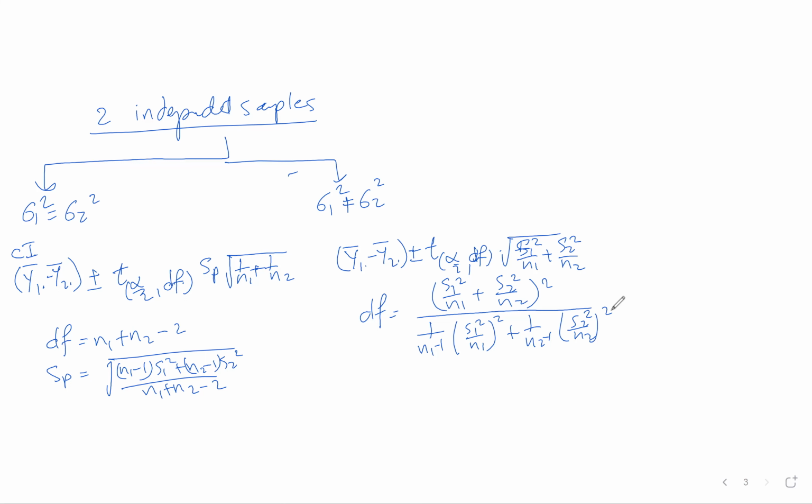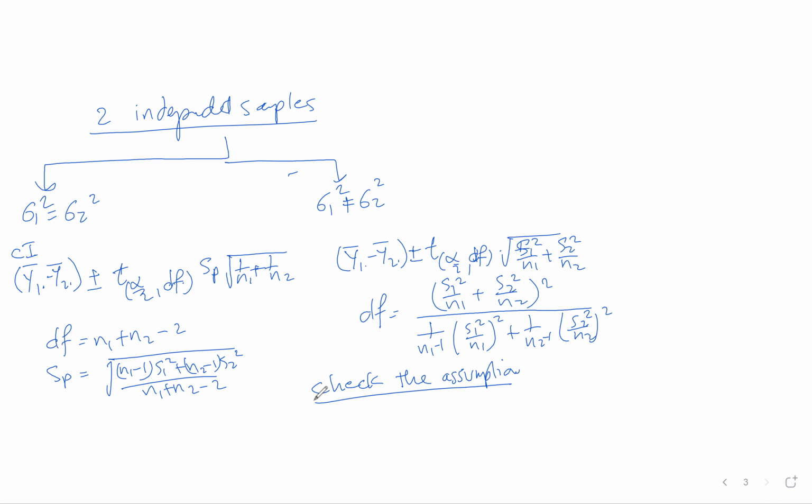So how do I know whether sigma 1 square equals sigma 2 square or not? How do I test or check this assumption? Because I would like to know which formula I should use.